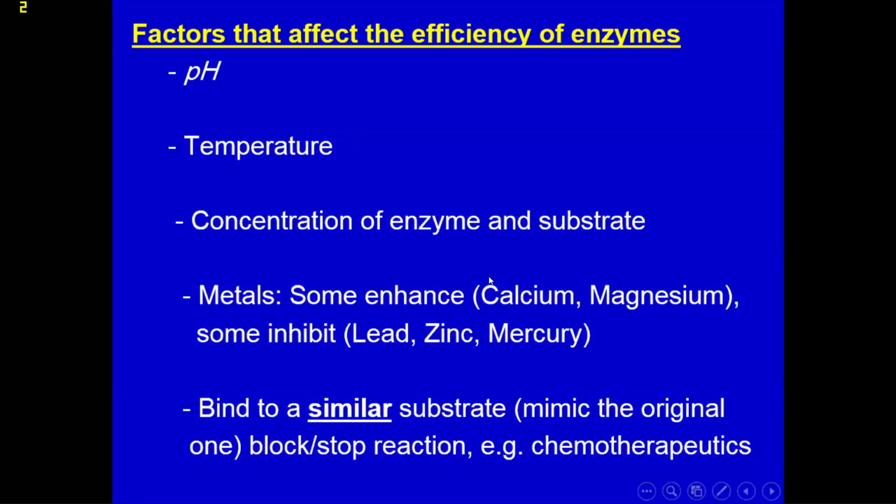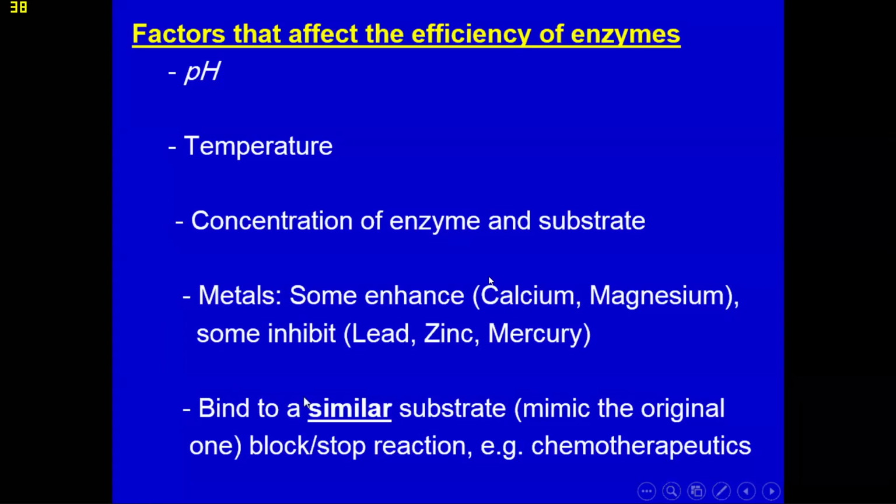So calcium and magnesium enhance the action of enzymes. Some metals inhibit the efficiency of enzymes, like lead, zinc, and mercury. And you know these metals. So some metals enhance the activity of enzymes, and some of them inhibit it.